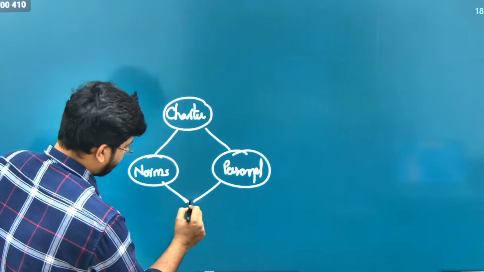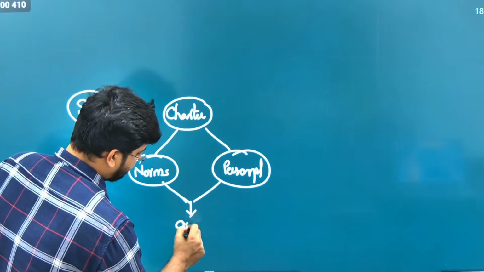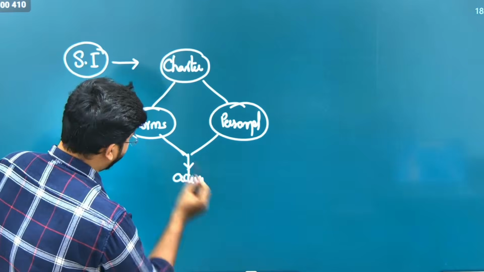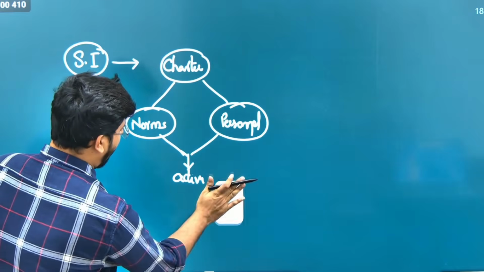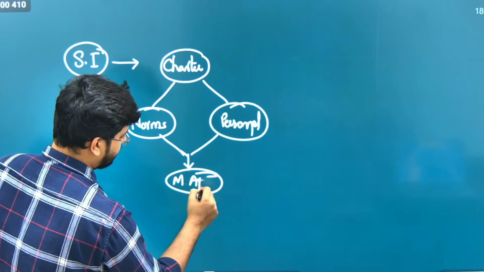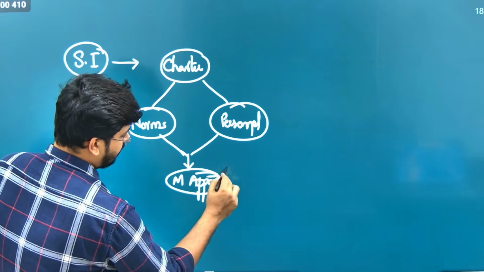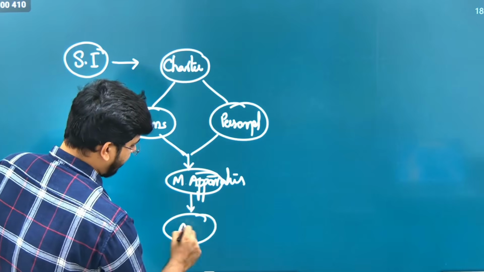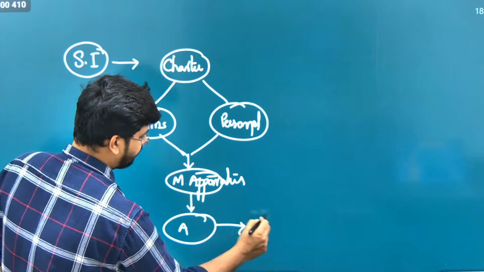Then these lead to the activities. Okay, so sorry, these personnel and norms, they need the material apparatus, and using this they will perform activities and that will give rise to function.